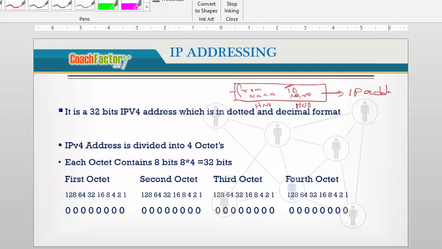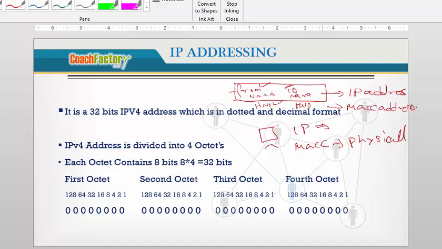Name is like the IP address, whereas the house number is just like the MAC address of the computer. So as we require both name as well as house number to deliver a letter to somebody, the same way a computer requires these two things, IP as well as MAC address. This is the physical address, as well as the IP we require for a computer. This is known as what? Logical address.